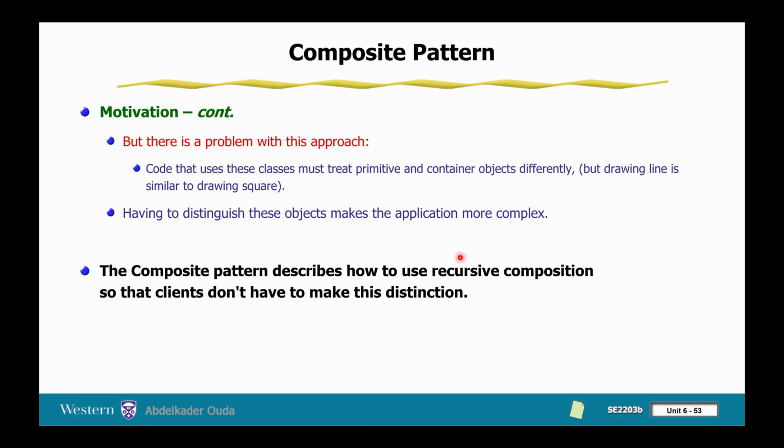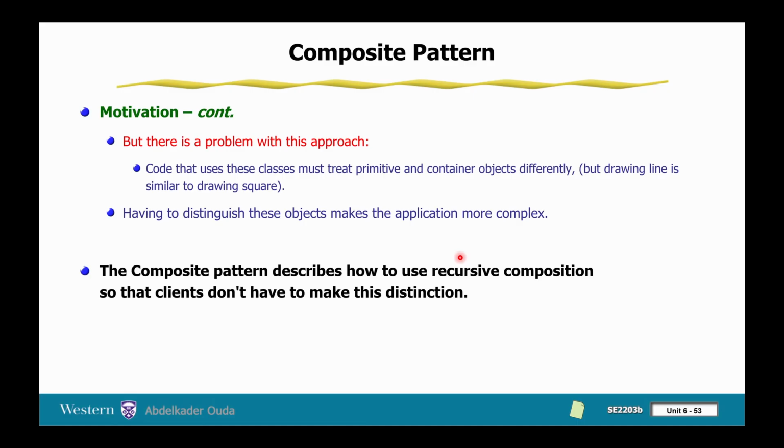So the composite design pattern helps us to have that approach. A simple object for each element, all of them sharing the same interface. And if the application knows how to draw a line, it should be easy to draw a rectangle. And the same level of complexity to draw a picture.